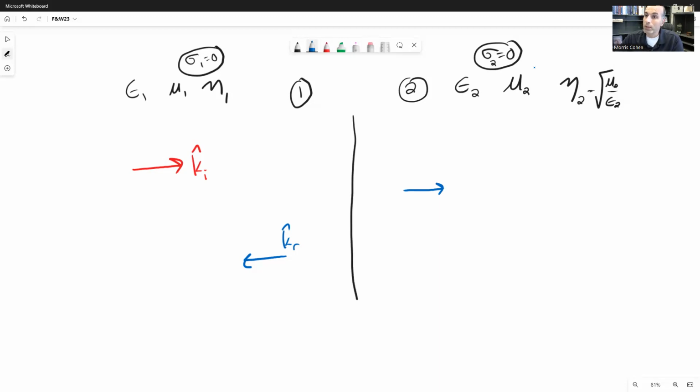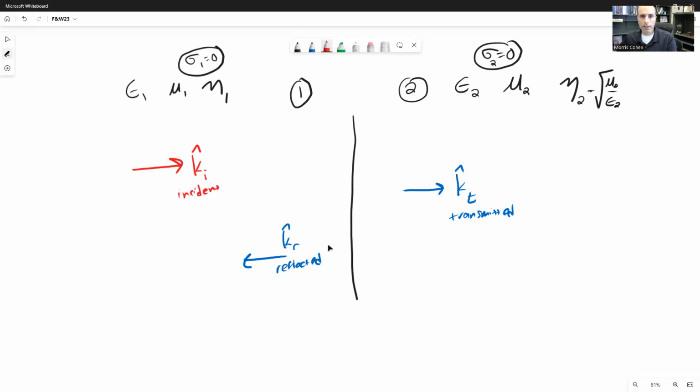In the perfect conductor, we knew that there could not be a wave that goes into the metal. We can no longer assume that. So we're going to call this wave k hat with a t for transmitted, whereas r was reflected, and the I was incident.